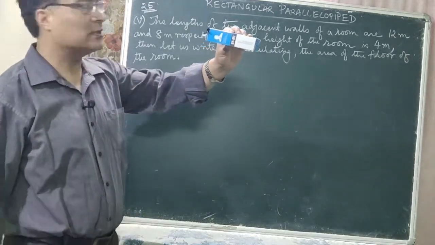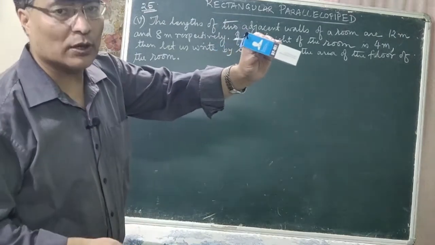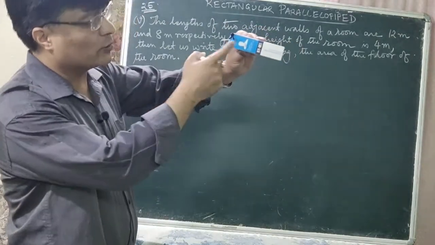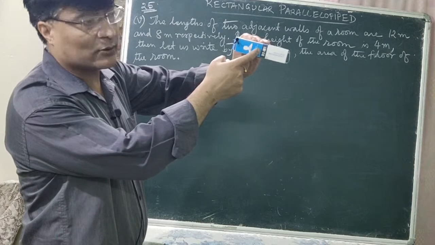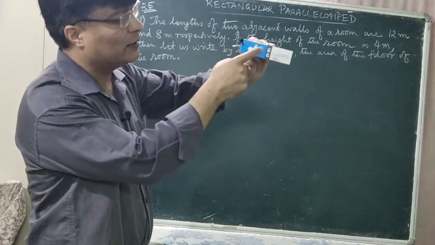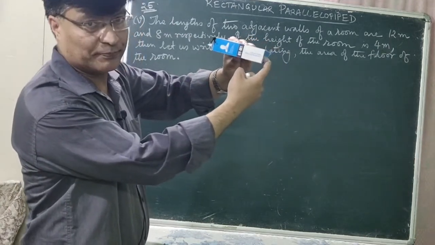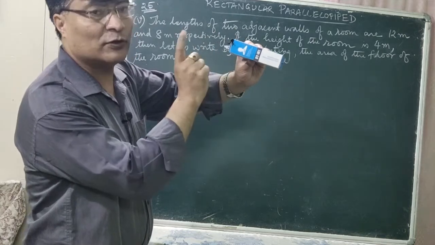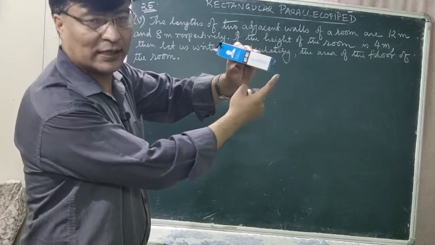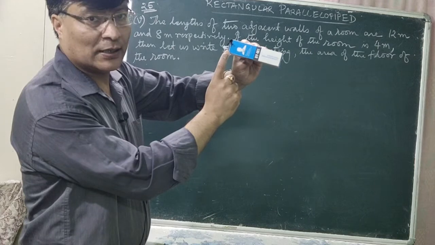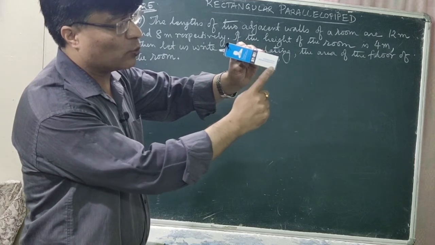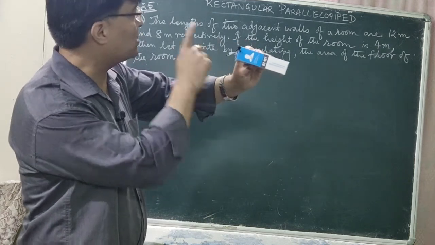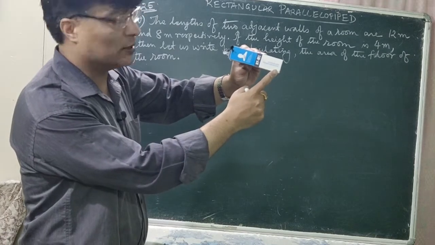It is given that the length of two adjacent walls, meaning the walls next to each other, are given. What is the length of this wall? The length of this wall is 12 meter.